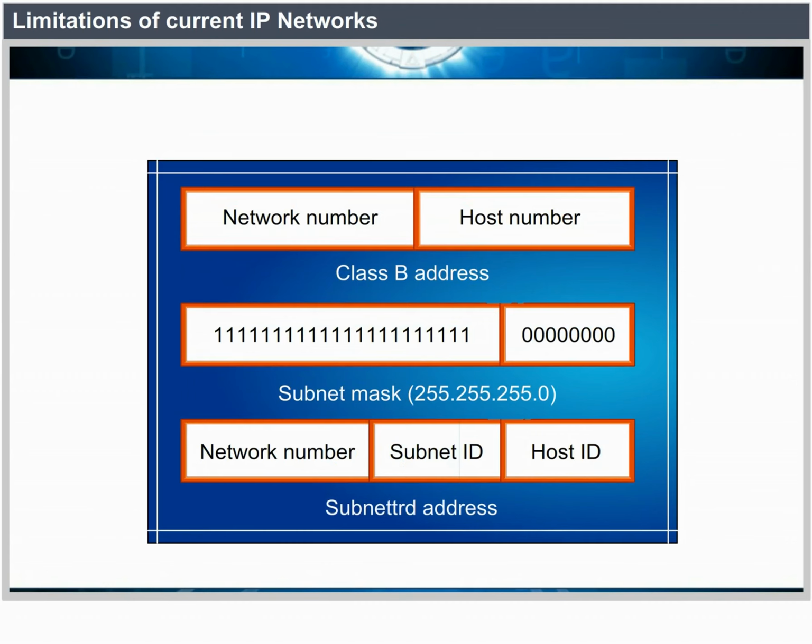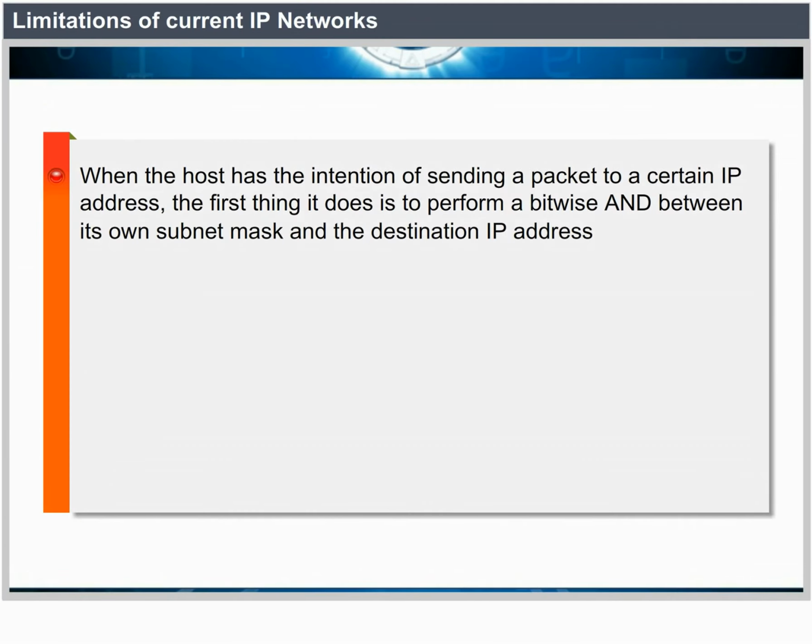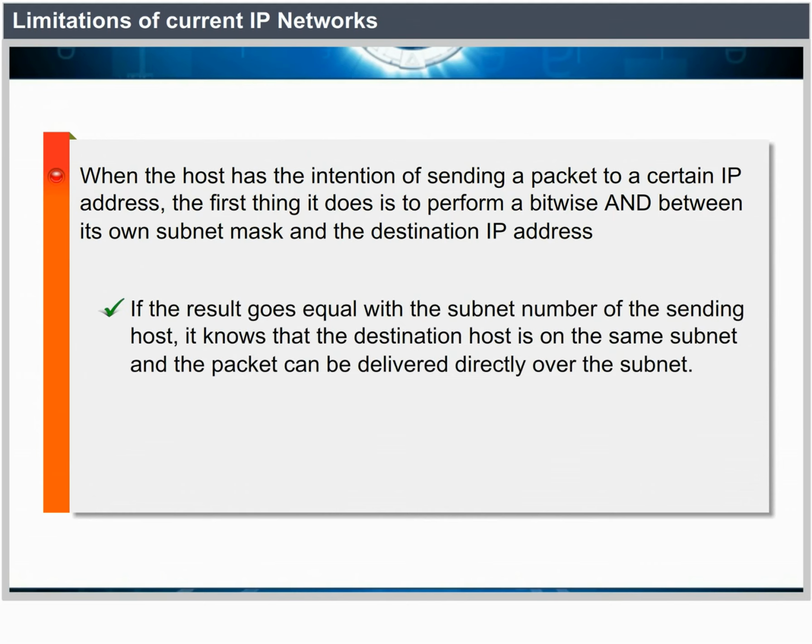When the host wants to send a packet to a certain IP address, the first thing it does is to perform a bitwise AND between its own subnet mask and the destination IP address. If the result equals the subnet number of the sending host, then it knows that the destination host is on the same subnet and the packet can be delivered directly over the subnet.